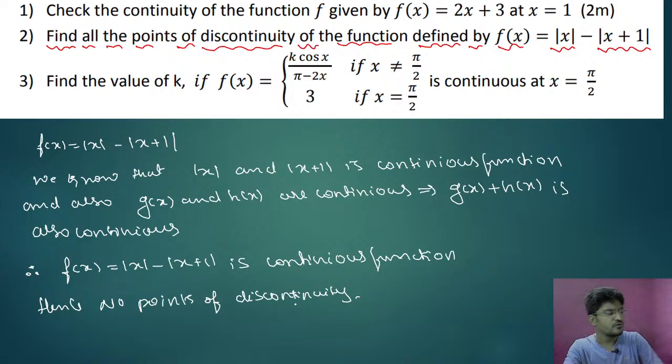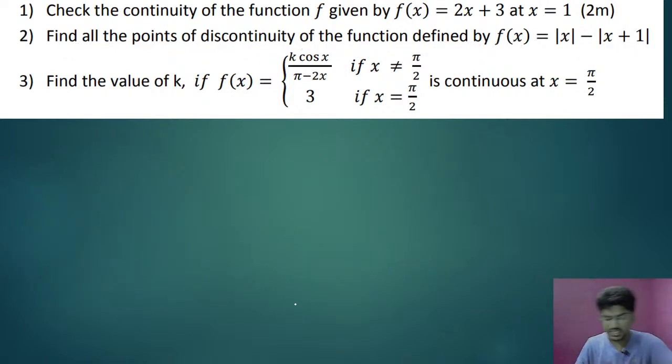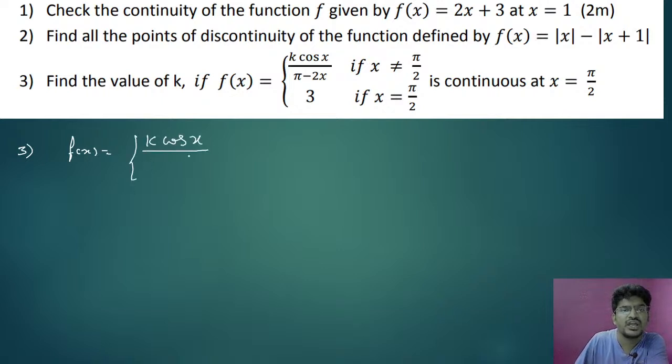Okay. So now we can go for the next problem, that is problem number 3. You can see problem number 3: find the value of k. Here f of x is given as k into cos x divided by pi minus 2x if x is not equal to pi by 2, and 3 if x is equal to pi by 2.